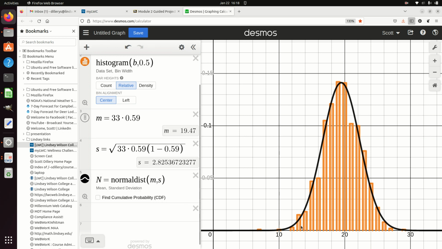And there we go. There I've got my nice picture showing that this nice theoretical normal distribution looks pretty much like my data, or at least my sampling distribution. If I sample 33 times from a population that will give me a 59% rate of showing any bias, that's what the orange is.